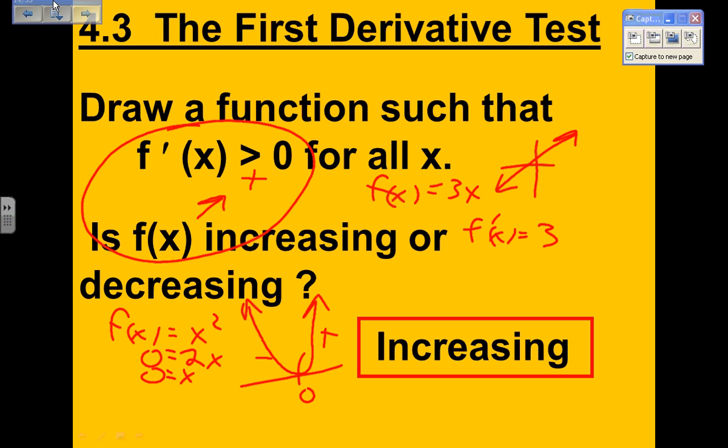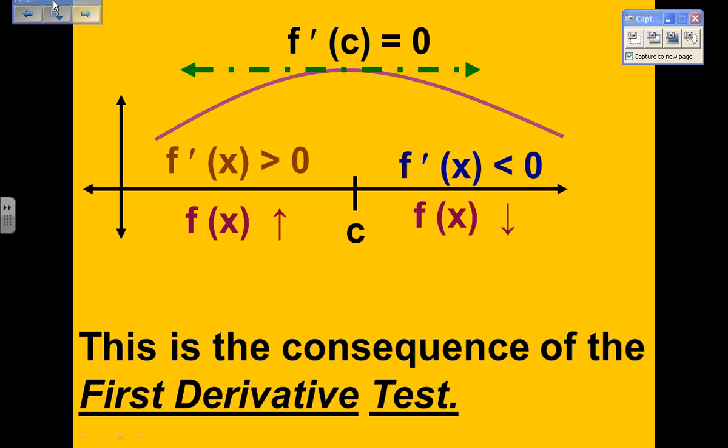You're going to be making pictures like this, and sometimes the pictures get a little complex. For instance, we just had the parabola going the other way. If you had c, where the derivative equals 0, like in Rolle's theorem, it's going to be a horizontal flat line. On the left side of this one, that's where the derivative is positive.